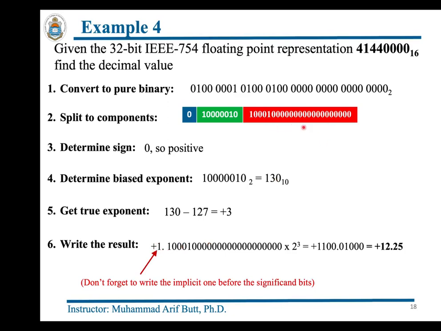These are the significant or the mantissa bits which are written on the right of the binary point, and on the left of the binary point this is the implicit one we need to place, multiplied by 2 power 3 because the true exponent is 3. Since this is a positive exponent, we need to move this decimal point 3 positions to the right. So this makes this binary number, and once we convert it to decimal we get plus 12.25.